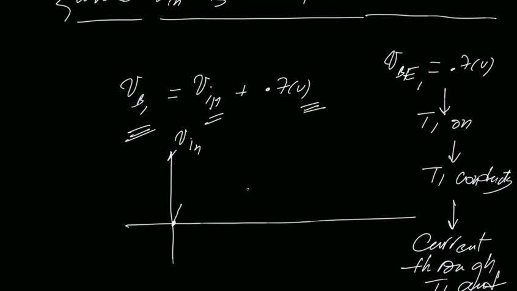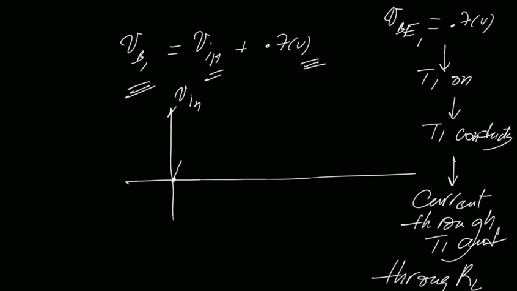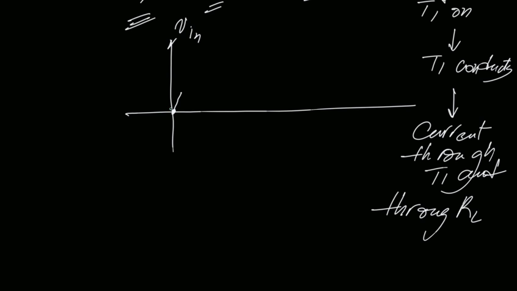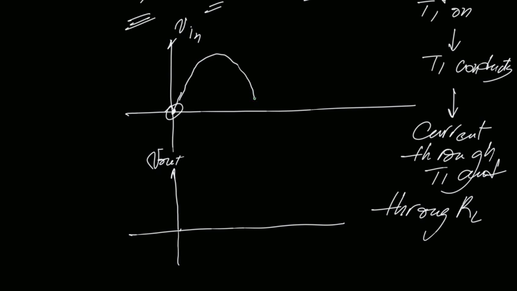So from the very moment that Vin starts going up, from the very moment that it is slightly above 0, Vout will follow it. So as Vin goes up, Vout will follow it too. So that crossover has disappeared.